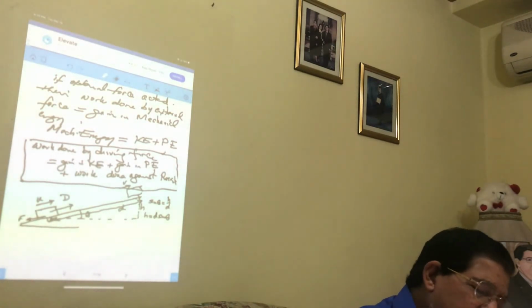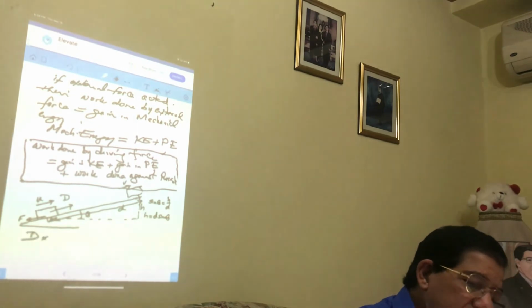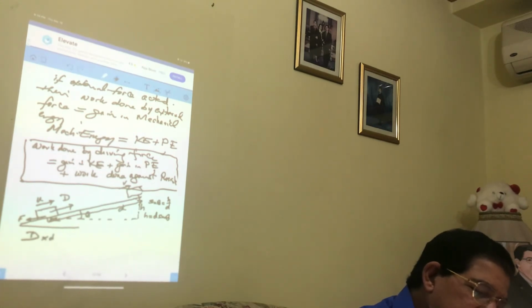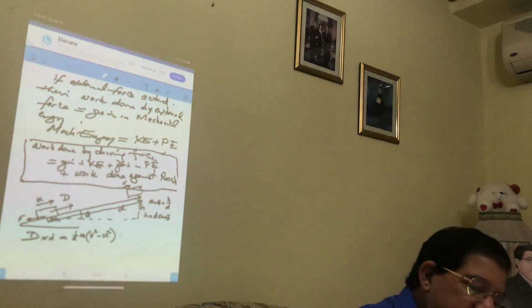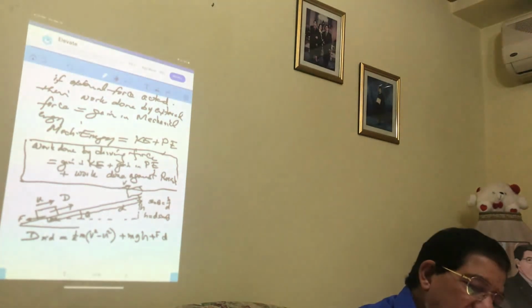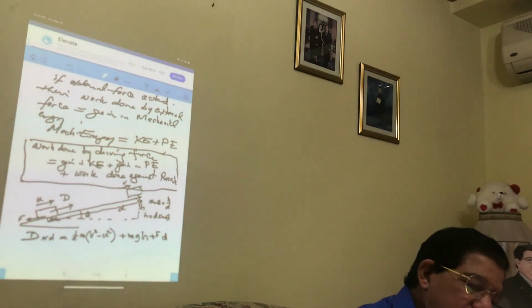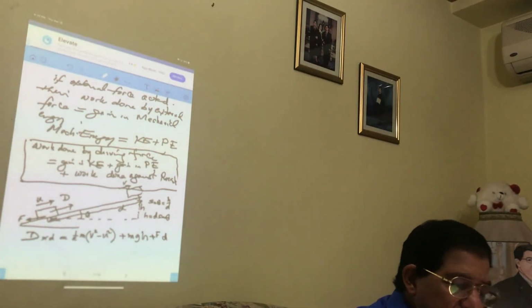Then applying this equation, D times d, the driving force times d, equals half m (v square minus u square) plus mgh plus f times d, where h is obtained from the equation d sine theta.